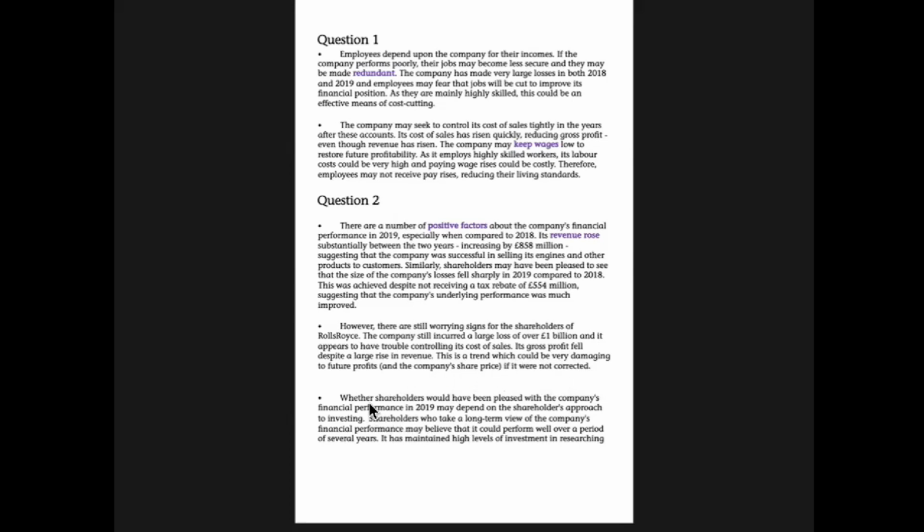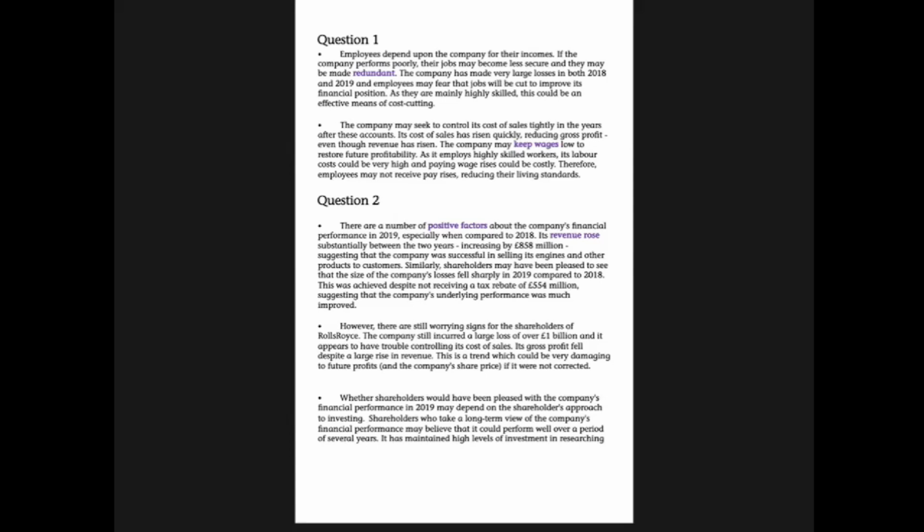Then the last point says that whether shareholders would have been pleased with the company's financial performance in 2019 may depend on the shareholders' approach to investing. If these are shareholders who are looking for short-term benefits, then they will not be happy looking at these losses. But if you look at the revenue the company is bringing in, if costs are controlled, especially the cost of sales, and if other costs are controlled, then it could gradually wean itself from making losses into making profits.